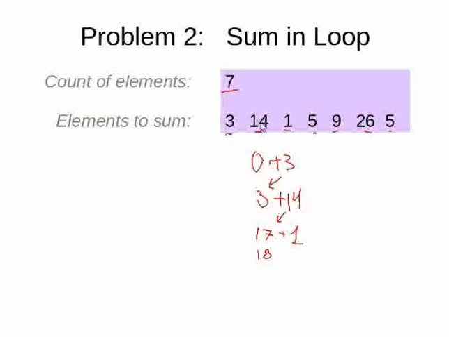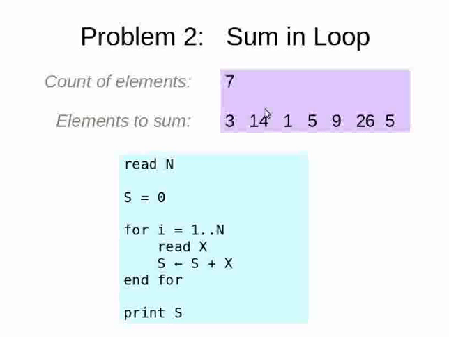Let us see how it could be implemented in code. Here is a snippet of code in some imaginary language. You are to translate this into your favorite Java, C++, or Python. Here is what it is doing. Firstly, we read the number from the first line into some variable.